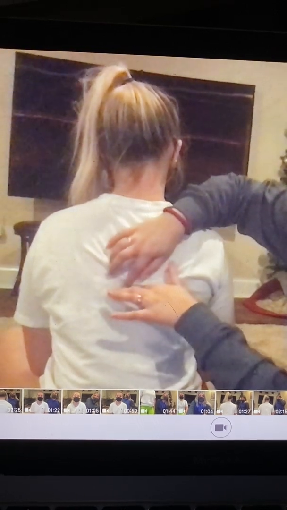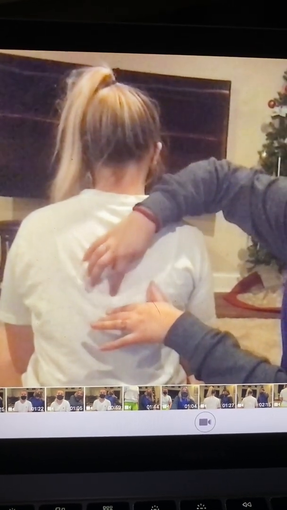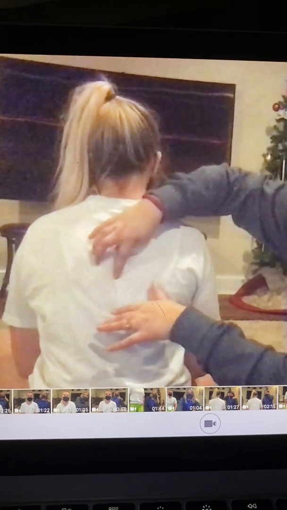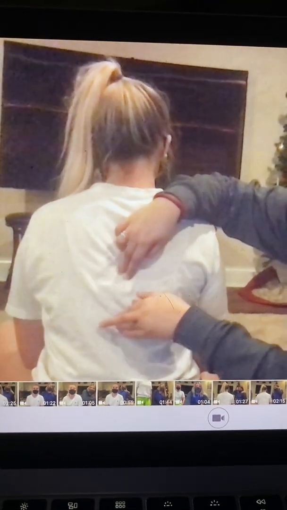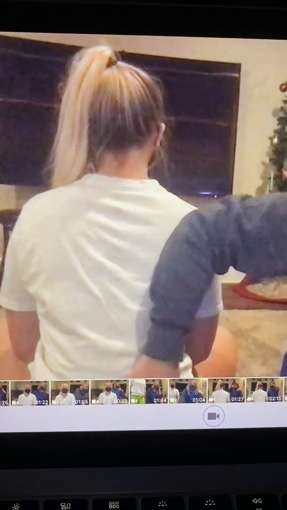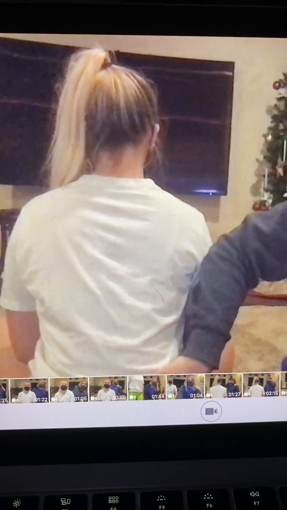The spinous process of the last 6 thoracic vertebrae, so C7, 2, 3, 4, 5, 6, 8, 9, 10, 11, 12, so last 6 here, and then the posterior iliac crest as well. So I would come down here, same as I did earlier, find the posterior iliac crest.